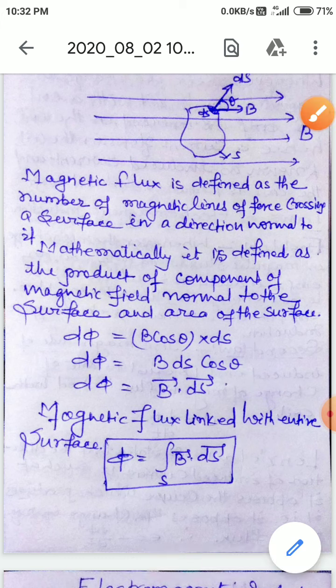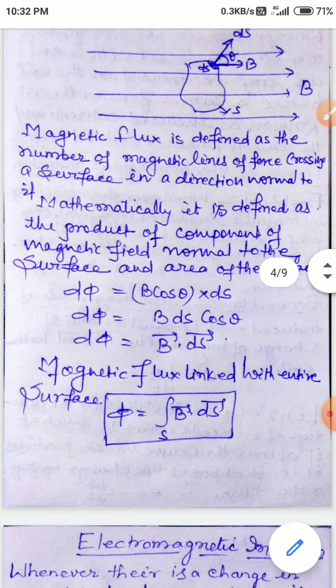Magnetic flux is defined as the total number of magnetic lines of force which cross a surface in a direction normal to it, and mathematically it is defined as the product of the component of magnetic field normal to the surface and the area of the surface.